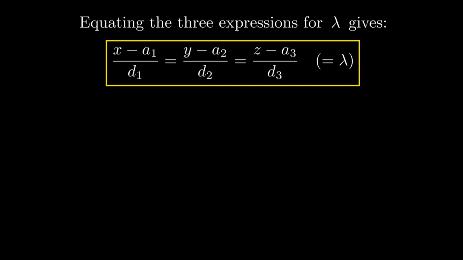So for instance, if D3 was equal to 0, then you would write the equation as normal, of course, assuming D1 and D2 were not 0, but assuming D3 was 0, then you would just write equal to A3, because as you can imagine, if the direction vector has a component of 0, then that component will not be changing regardless of the value of lambda.